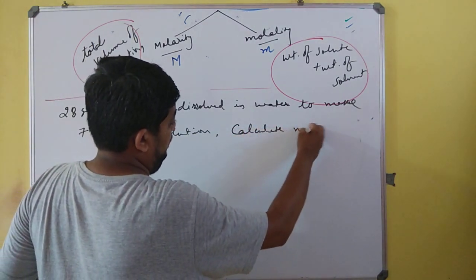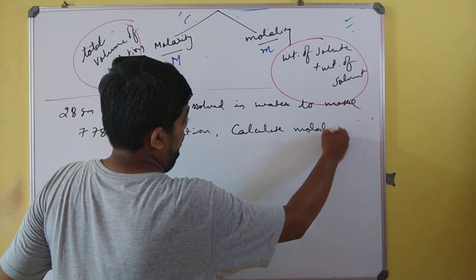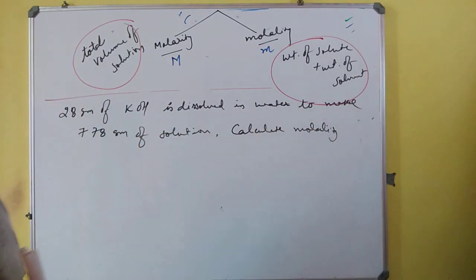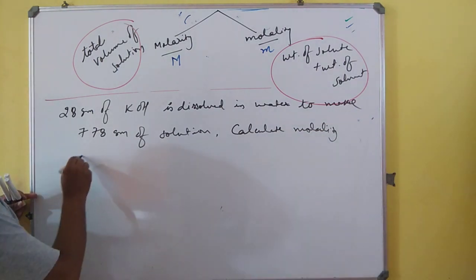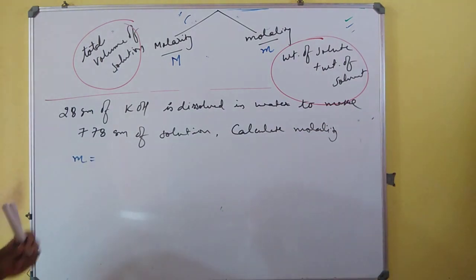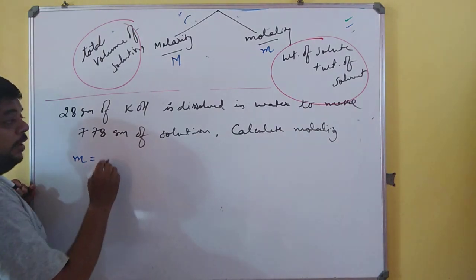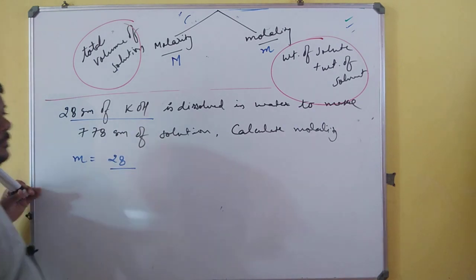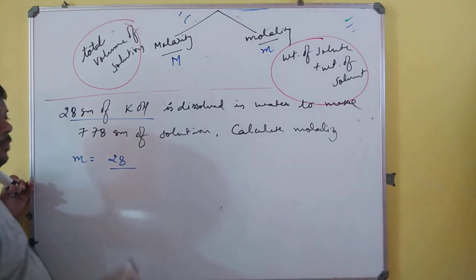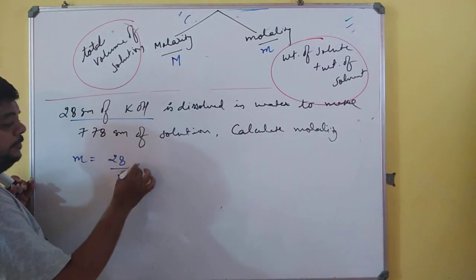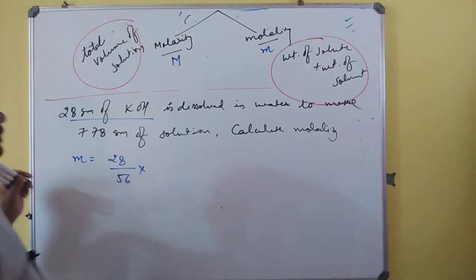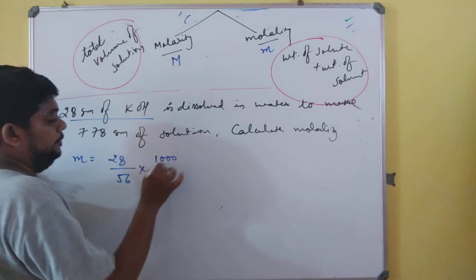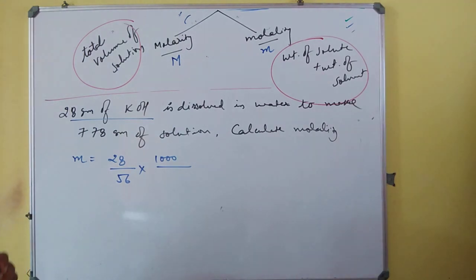Calculate molality. So over here, molality is equal to weight of solute, that is 28 gram, divided by molecular weight of solute, that is 56, into 1000 divided by weight of solvent.